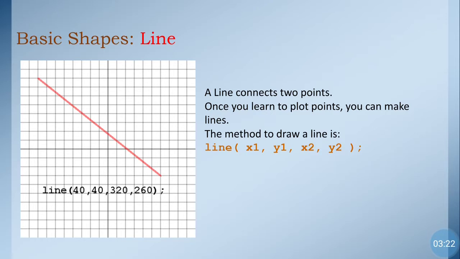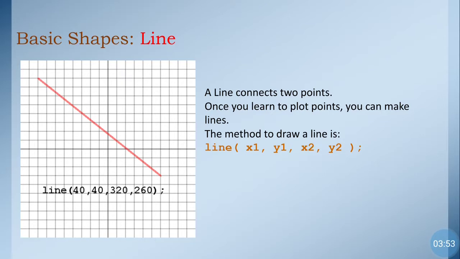The method to draw a line is line(x1, y1, x2, y2). The x1, y1 arguments are the location of the start point of the line. The x2, y2 arguments are the location of the end point of the line.